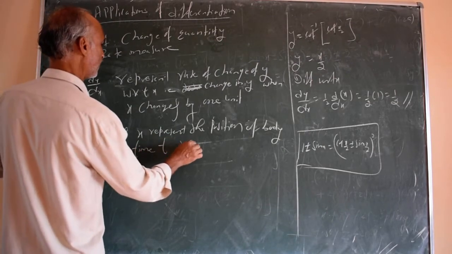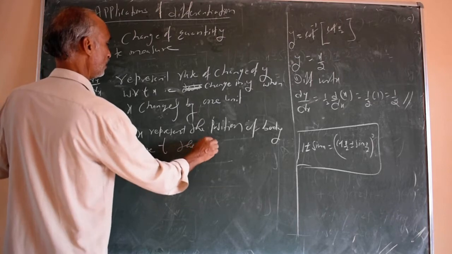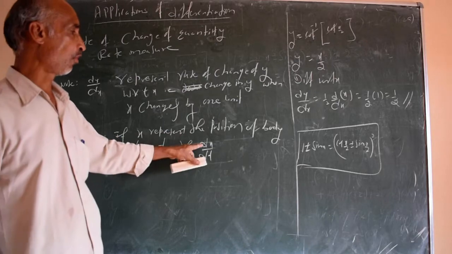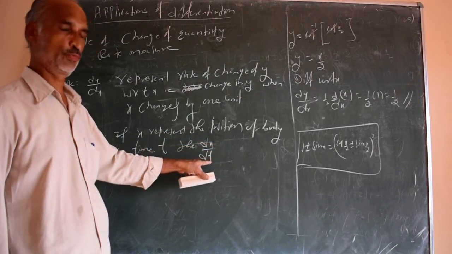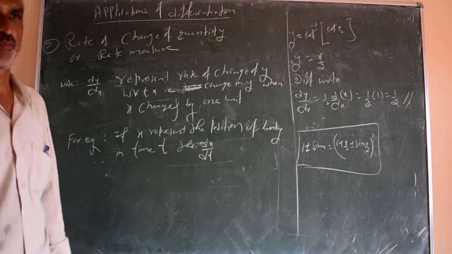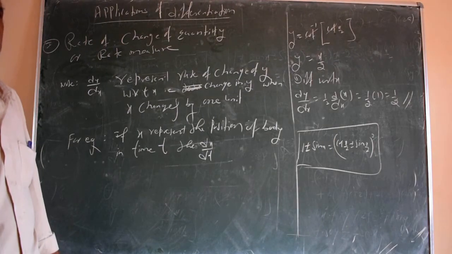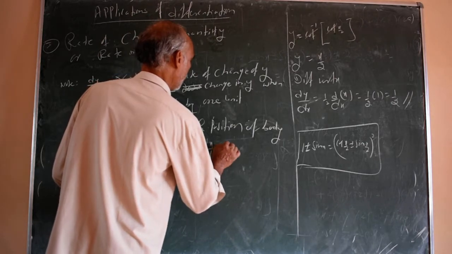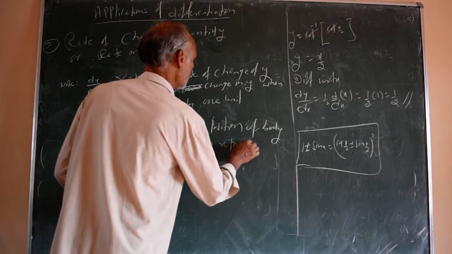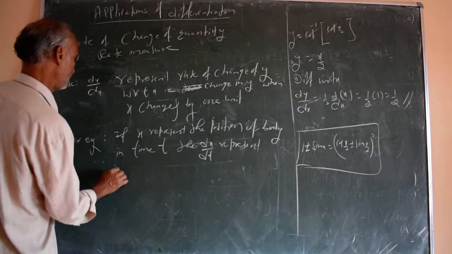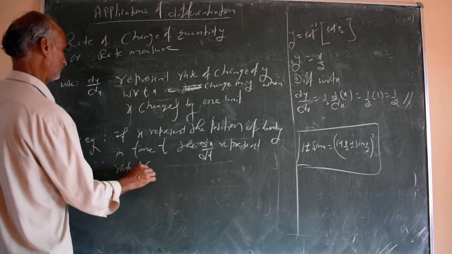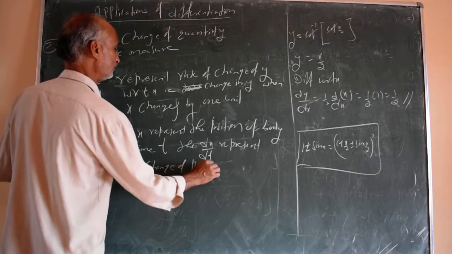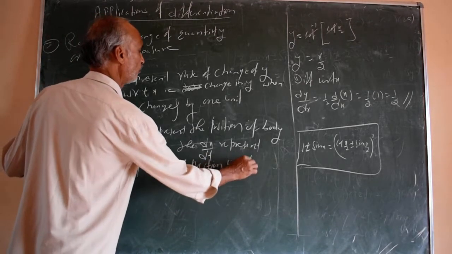then dx by dt represents the rate of change of position with respect to time. Rate of change of position with respect to time is called velocity. dx by dt represents the rate of change of position with respect to time.